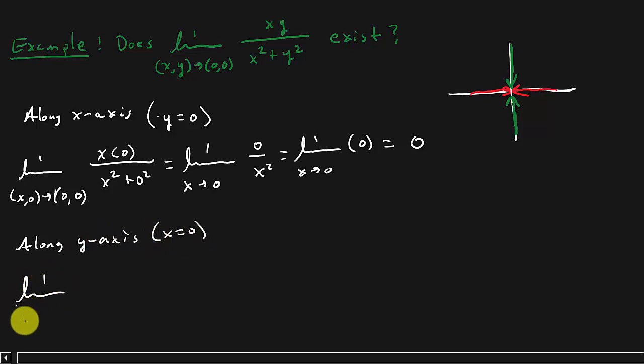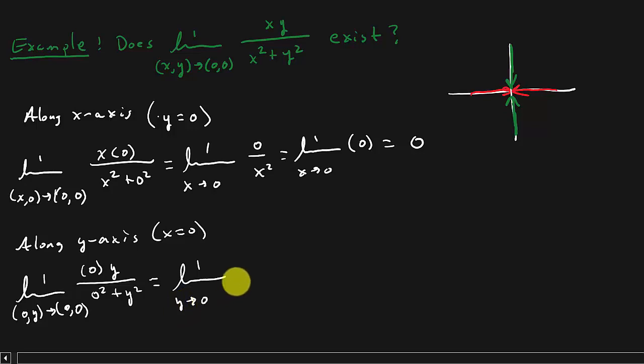So that's the limit as (x, y) approaches (0, 0) of what? 0 times y over 0 squared plus y squared. And so this is the limit as y goes to 0 of what? 0 over y squared, which equals the limit as y goes to 0 of 0, which equals 0. Okay, so we got the same thing.